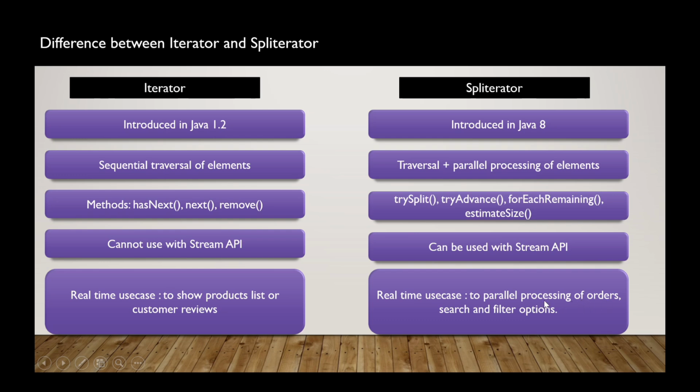For example, if we want to process orders with submitted status one way and orders with received status another way, for this purpose we can use a Spliterator. For search and filter options also we can use Spliterator. We can split and perform these search and filter operations.